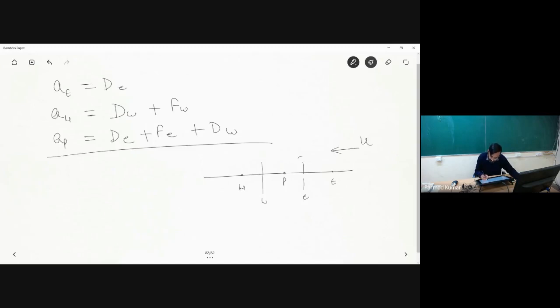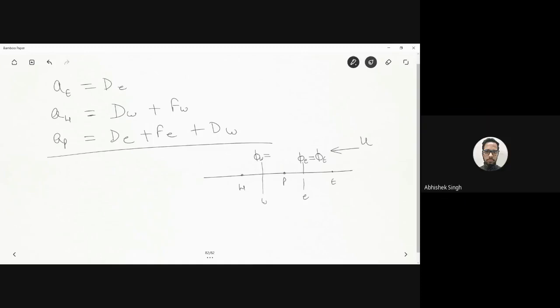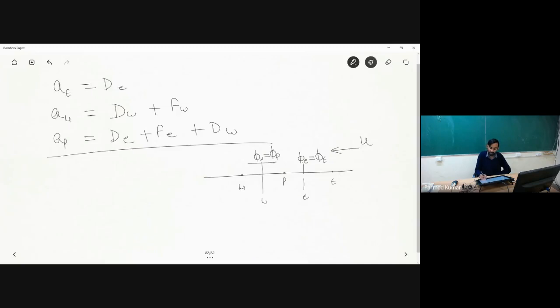Now can you tell me what will be the value of flux at point E and at point W? What will be the values of convective fluxes? At the east side, it will be phi E. At the left side, it will be phi W, phi P. Phi P, yes. So depending upon the direction, actually, we have to take care of the scheme.